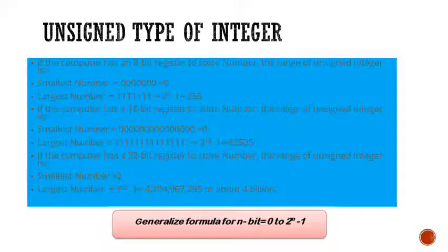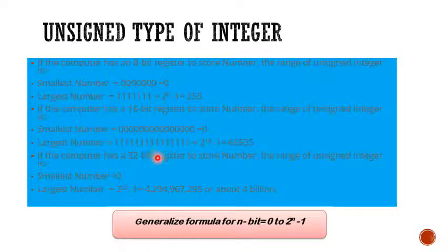If the computer has an 8-bit register to store a number, the range of unsigned integer is 0 to 2 to the power n minus 1. The smallest number is equal to 0 and the largest number for an 8-bit number is 2 to the power 8 minus 1, that is equal to 255.